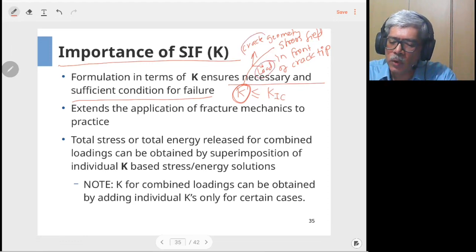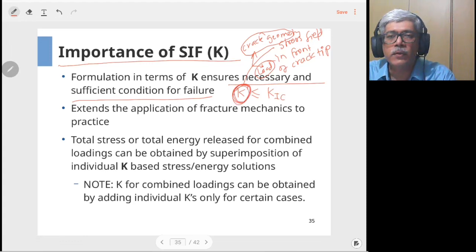So it takes care of both load and crack geometry and gives us the stress and displacement and other features, and this single parameter can be used for all design calculations, and hence the stress intensity factor is an important parameter of fracture mechanics.